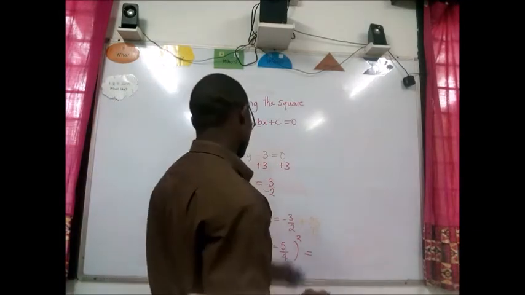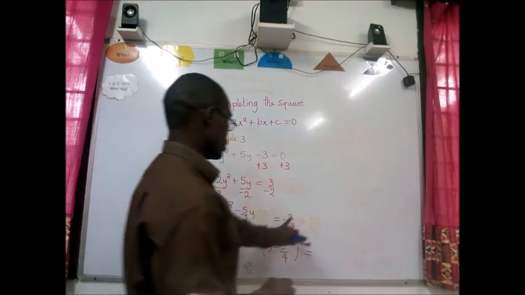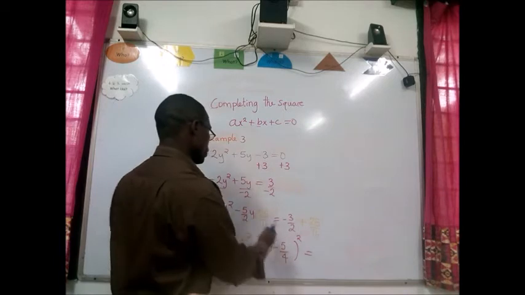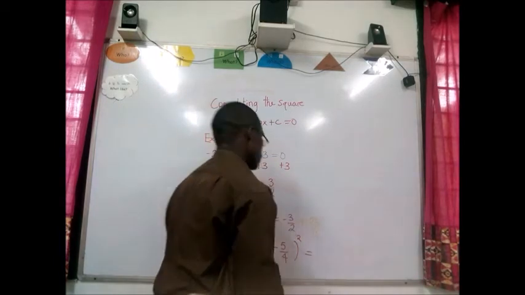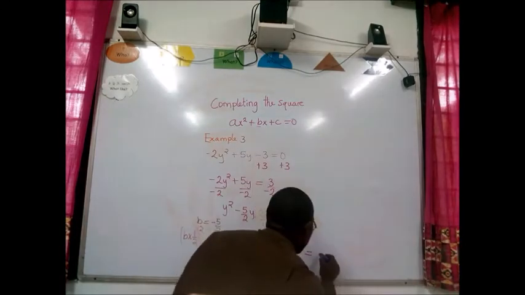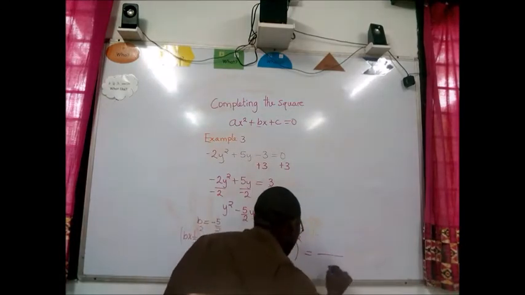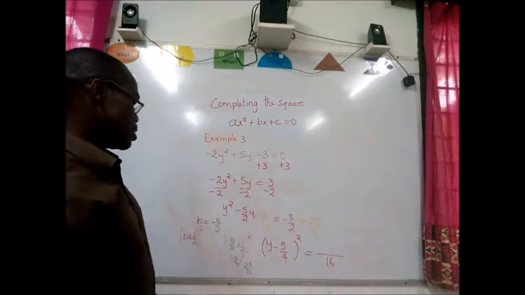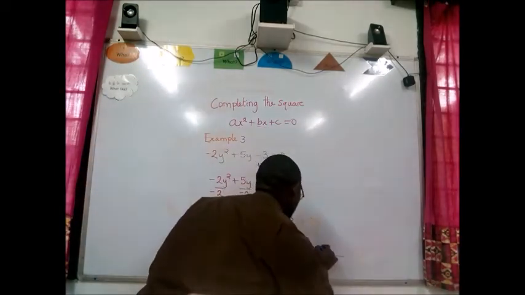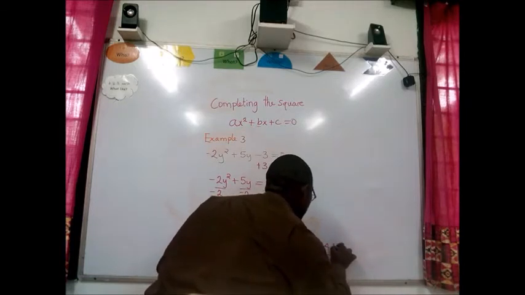Now, here on the right side, we do the normal operation of fractions with the LCM, 16: negative 24 plus 25.